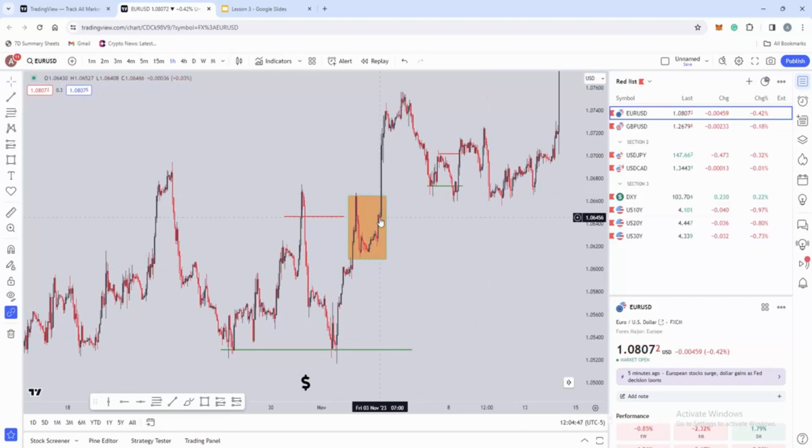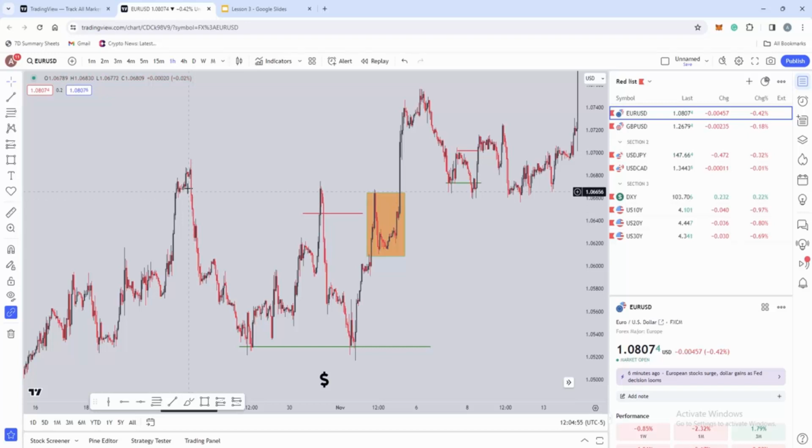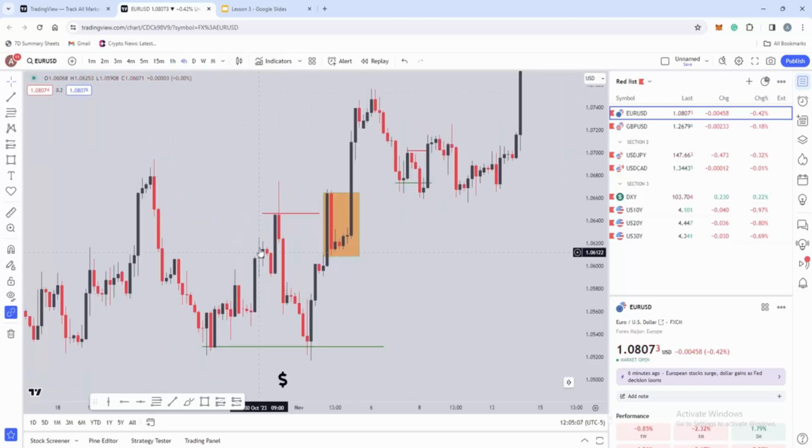So up till this point, we are bearish until we see this shift in market structure. So here we're bearish, here we're bearish. Then price came down here, we're still bearish. But once we saw price trade all the way up here, taking this high out on the 4 hour, that's it.